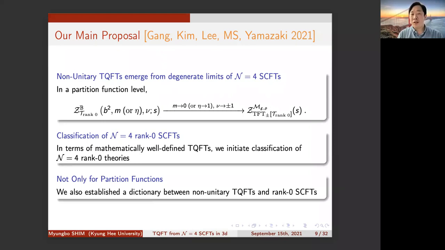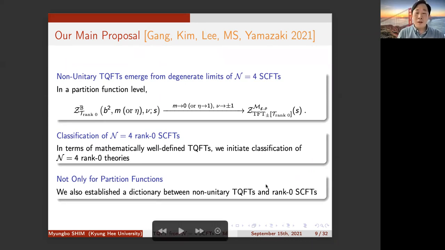At the partition function level, we can obtain the partition function of the topological theory from the supersymmetric partition function of the rank-0 theory in the degenerate limit.